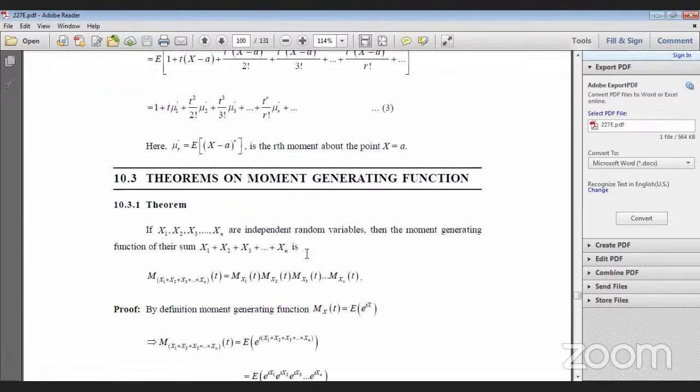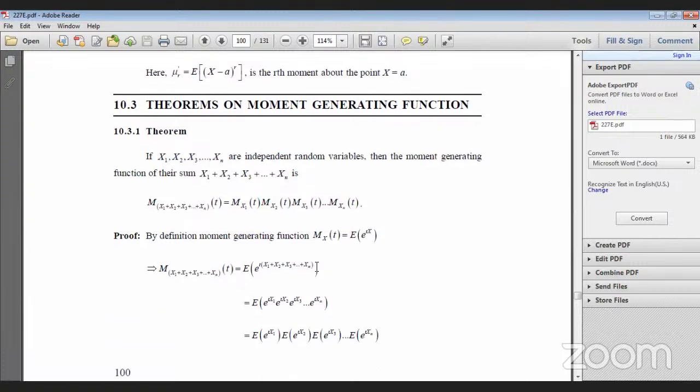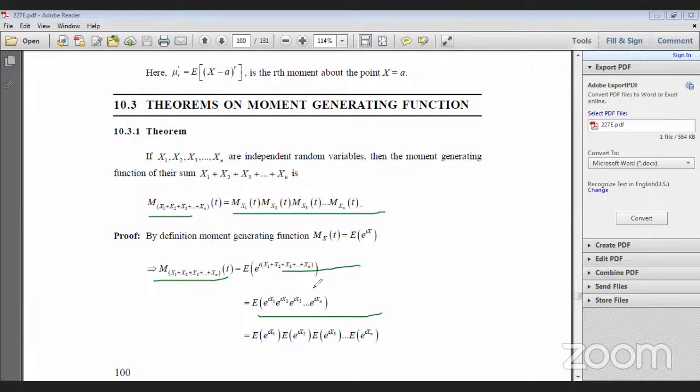10.3.1 Theorems on moment generating function. If X1, X2, X3, ..., Xn are independent random variables, then the moment generating function of X1 + X2 + ... + Xn, we are doing addition and multiplication. By definition, M_X(t) is E(e^(tx)). Here we are adding, M of X1 + X2 + ... + Xn at t, and multiplying e^(t(X1 + X2 + ... + Xn)). If we take the plus out and write it, tX1, tX2, tX3, tX4, tXn can be written.